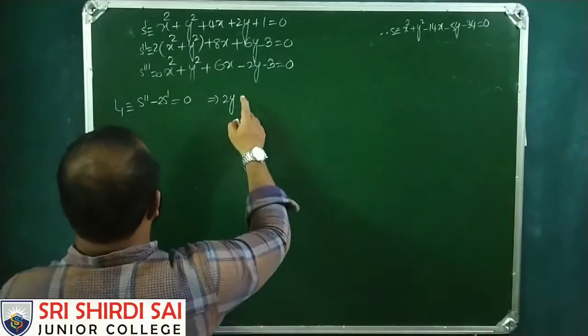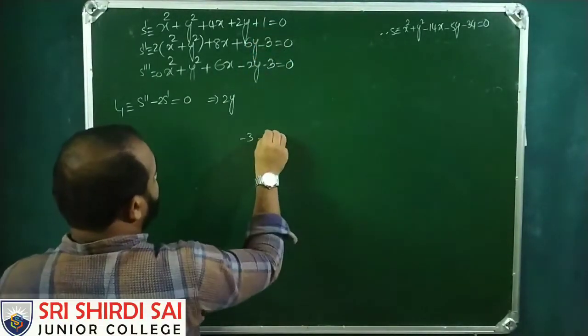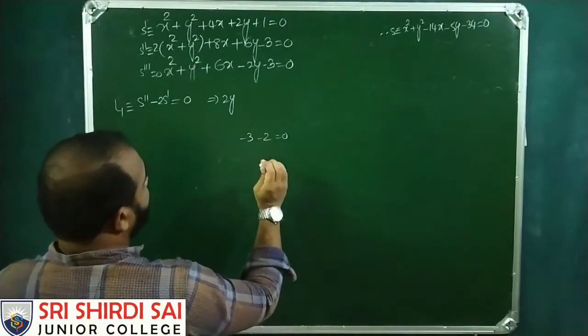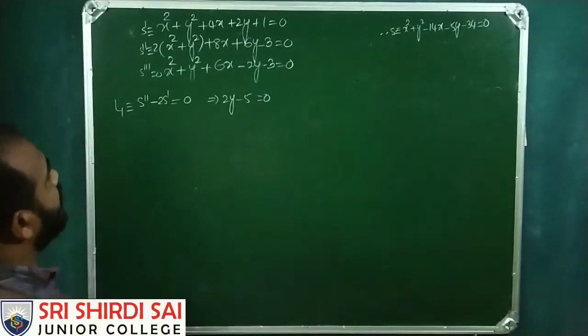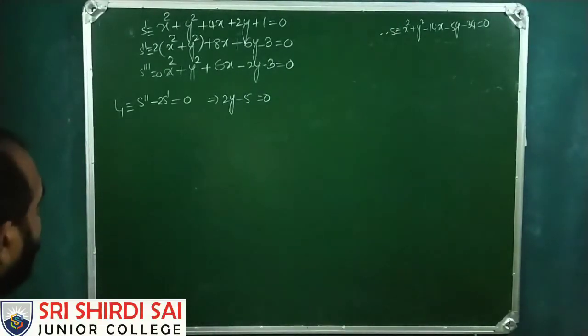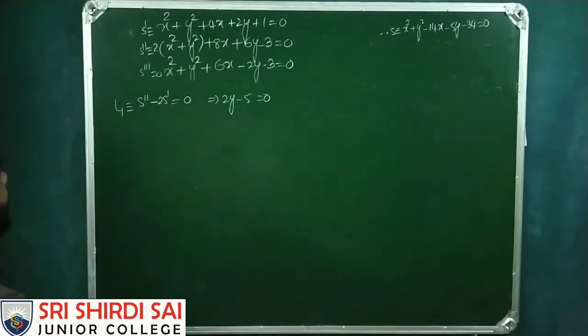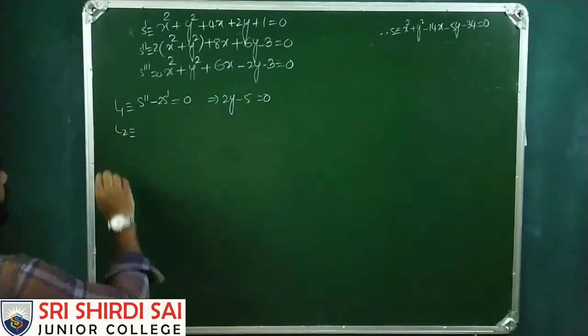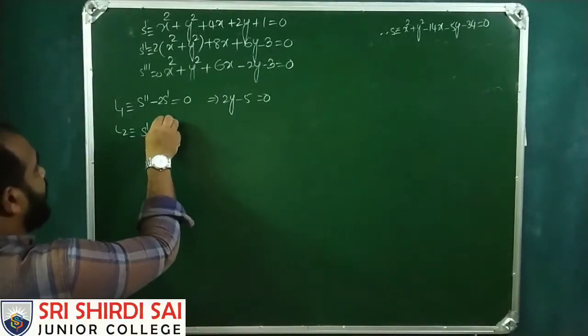Next, this is minus 3 minus 2 equals to 0, minus 5 equals to 0. Then we get 2y minus 5 equals to 0 as one equation, and L2 is equals to S' minus S''' equals to 0.